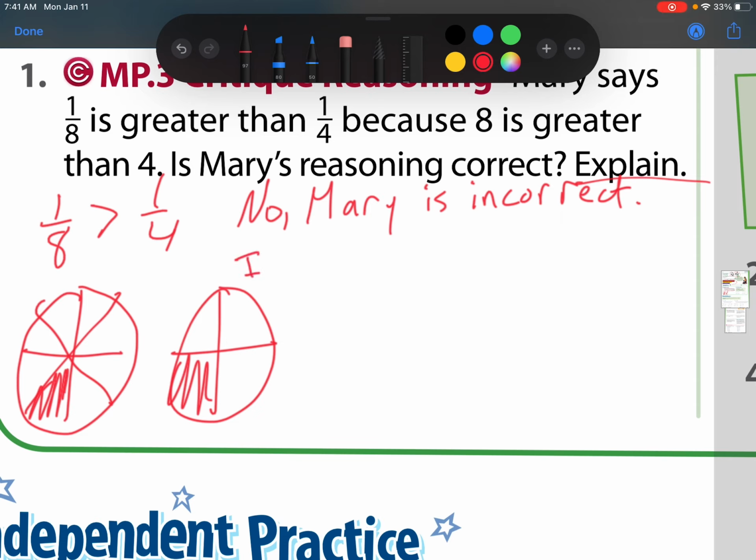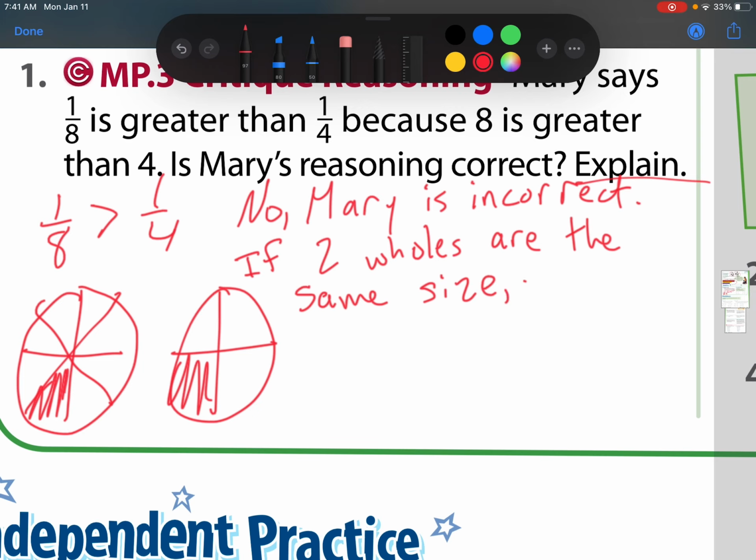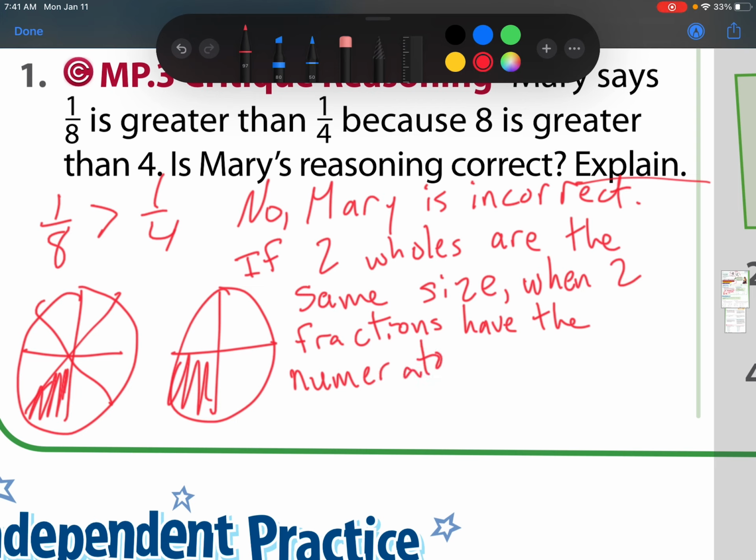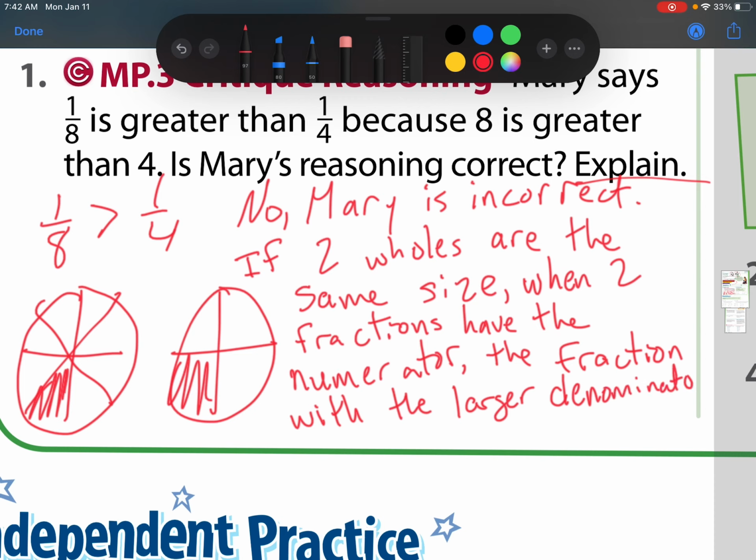So we have, if 2 wholes are the same size, when 2 fractions have the same numerator, the fraction with the bigger denominator is the smaller one.